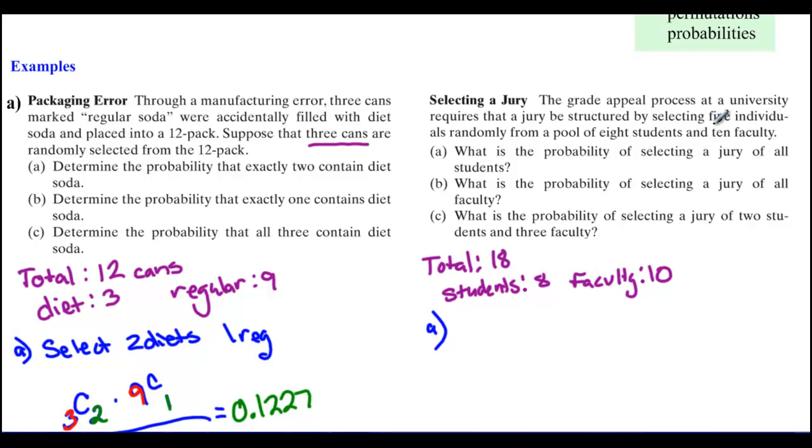So for Part A, it's asking us, what's the probability of selecting a jury of all students? Well, again, we're selecting 5 people in total. So of the 8 students, we want all 5 to come from that group. So 8 choose 5 times, and of the 10 faculty, we hope to choose none of them. And then we have 18 total, choosing 5. So this is all the ways to pick a group of 5 from the 18. And now we put this in our calculator.